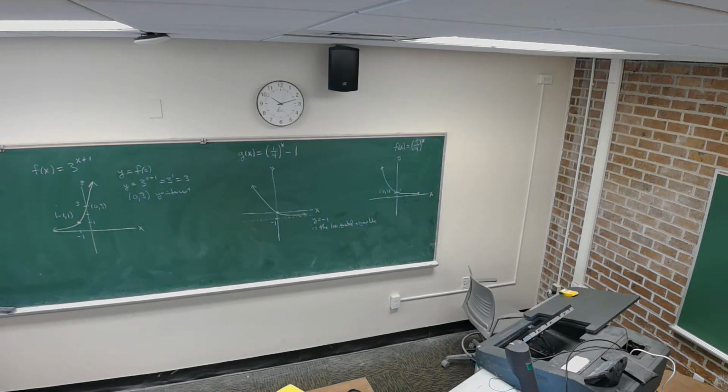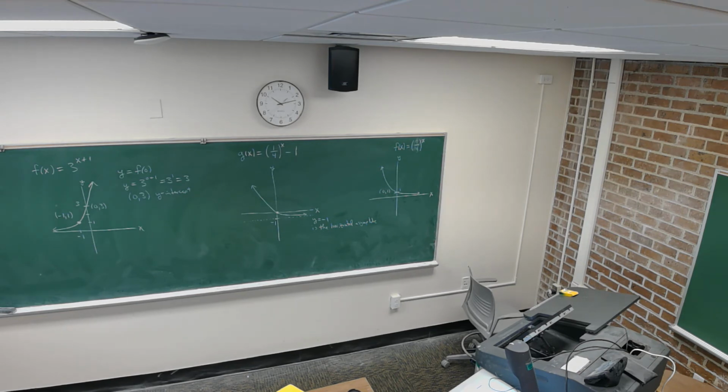We start off with y equals e to the x, and then if we replace x with minus x, the graph starts up going up and to the right, and now it goes down to the right. It gets flipped over the y-axis.